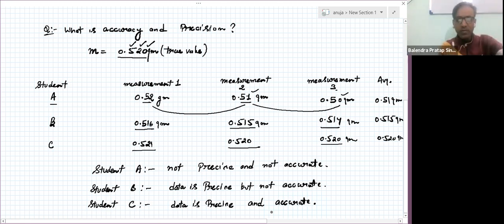Sometimes the teacher asks what is accuracy and precision in data, and they will give you some data and ask what is the precise value and what is the accurate value in this table. Now, write down all the things. Take some notes.